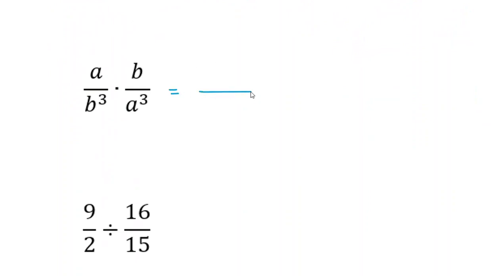So we have a over b cubed times b over a cubed. Well, a times b is just a times b, and b cubed is b times b times b, and a cubed is a times a times a. And looky there. We have an a and an a and a b and a b. And we're left with, oh, remember what we do when there's nothing left on top?